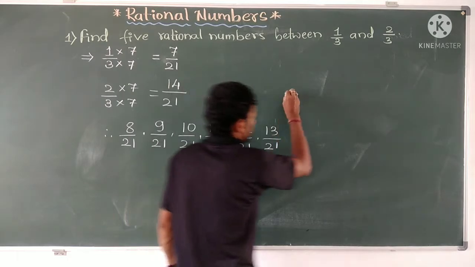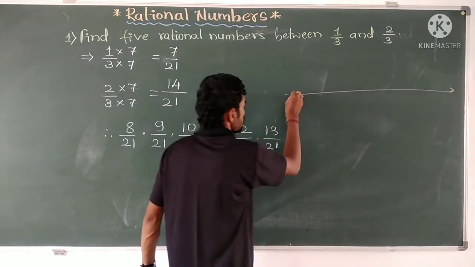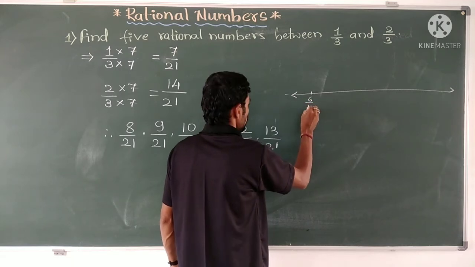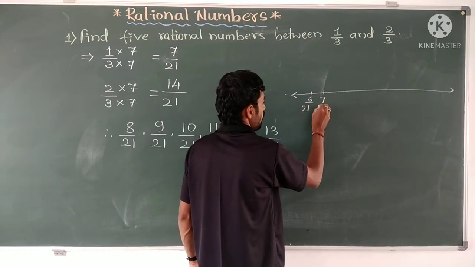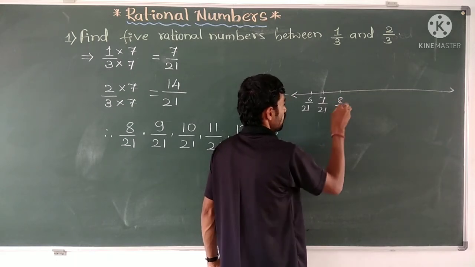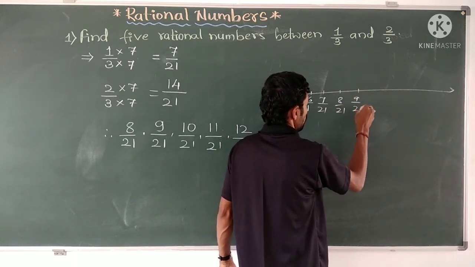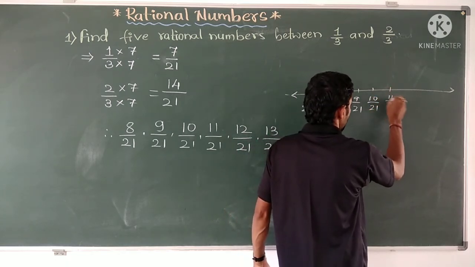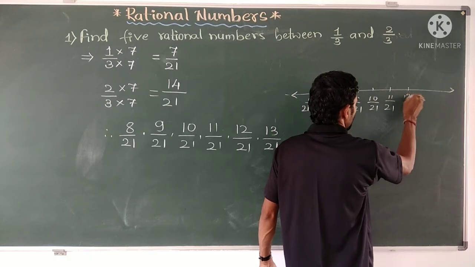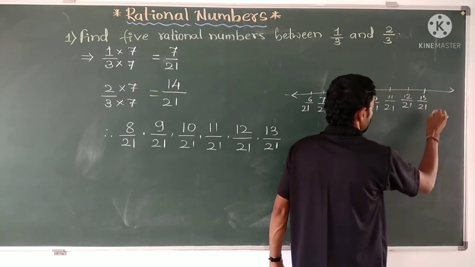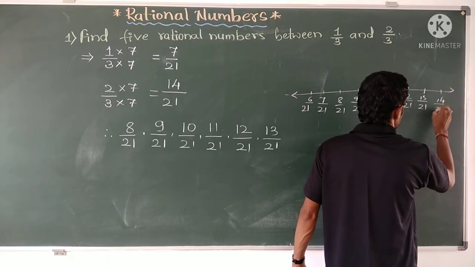So now we can represent these on the number line. Here we can say 6 by 21, 7 by 21, 8 by 21, 9 by 21, 10 by 21, 11 by 21, 12 by 21, 13 by 21, 14 by 21.